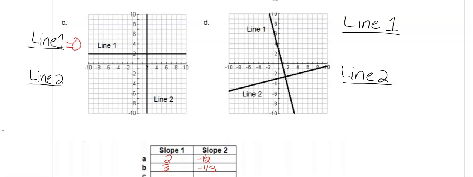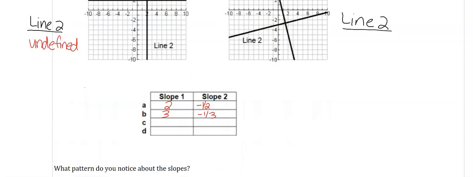So it's a vertical line. And if we recall from last unit, this is one of our special cases where our slope would be undefined. So if I go to write this in our table, we would have 0 and then undefined.